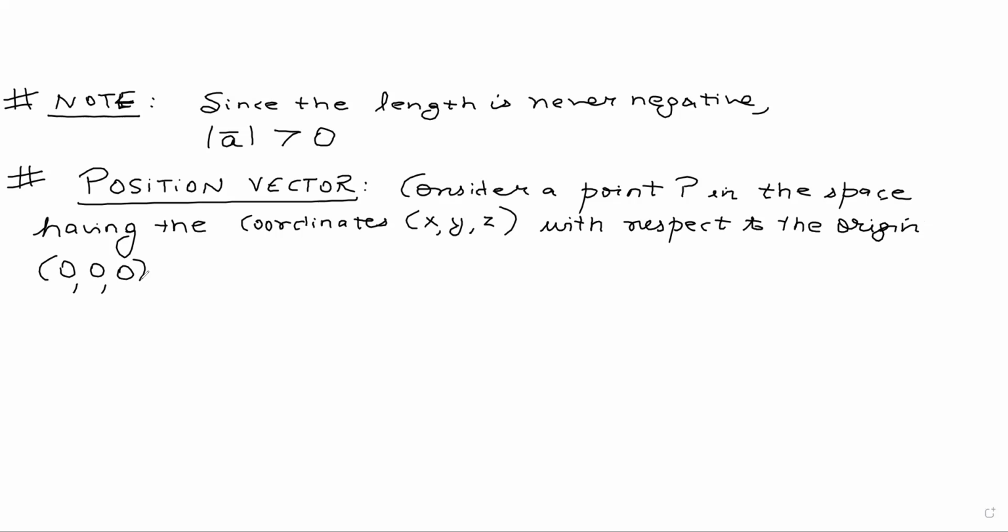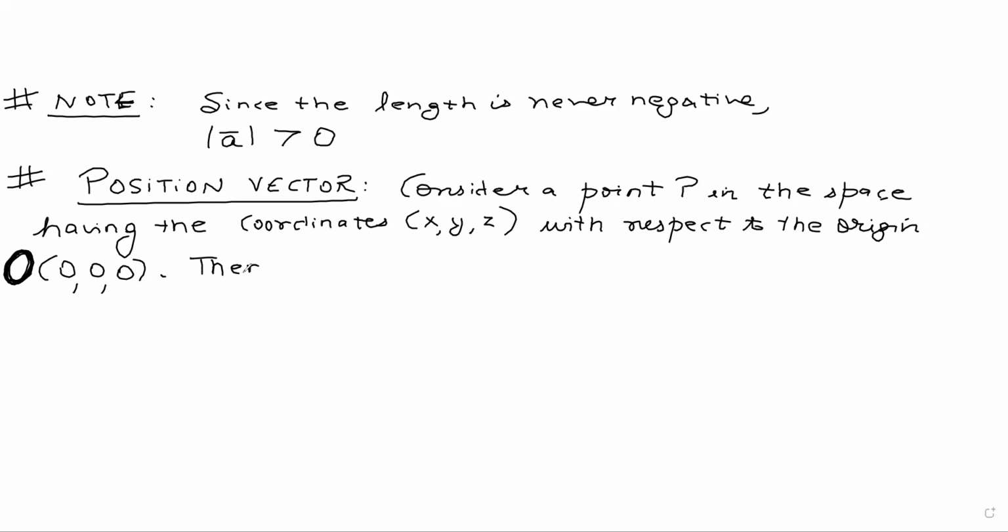Now we are going to discuss the vector OP. The origin is denoted by capital O. You can see on the screen I am darkening capital O. This means the origin with coordinates 0, 0, 0.